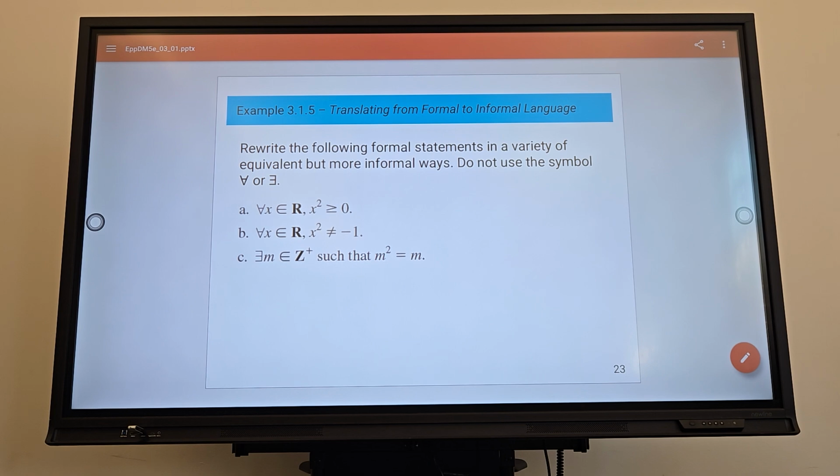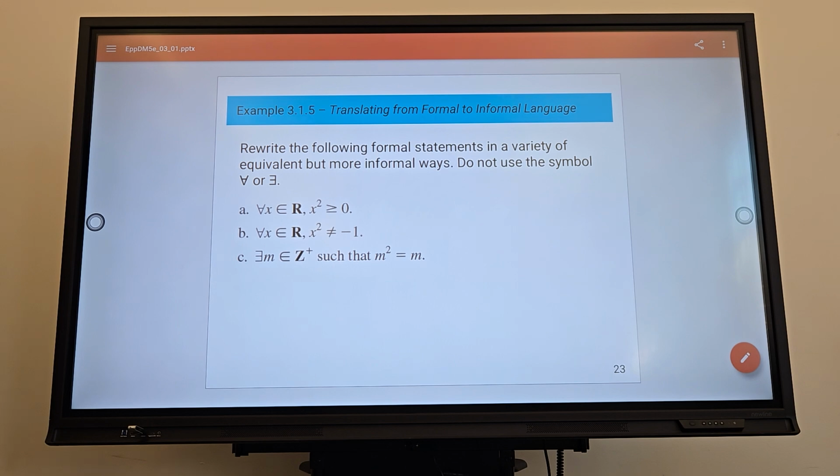It's less formal, still using the variable x, but: for every real number x, x squared does not equal minus 1. And finally, there exists a positive integer m such that m squared equals m.